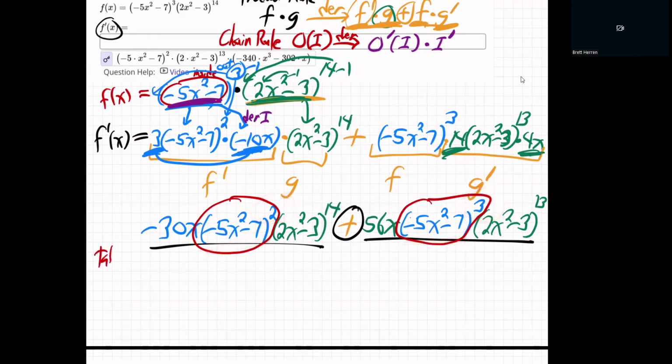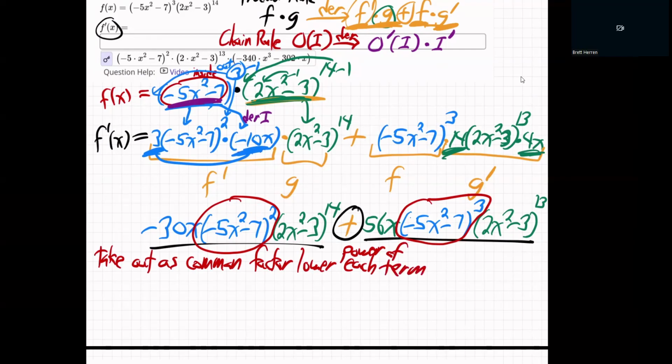Let me write that. Take out as a common factor the lower power of each term. So I'm going to go, okay, minus 5x squared minus 7 to the second, because 2 is lower than 3.